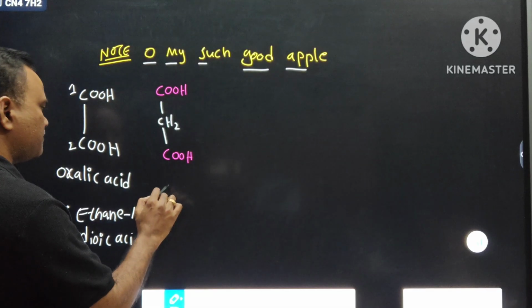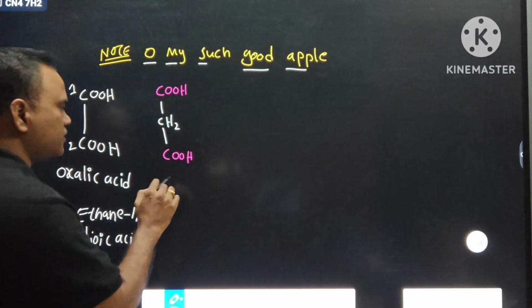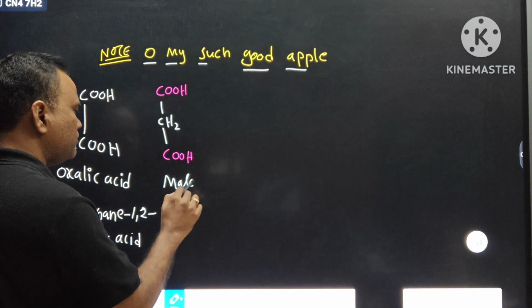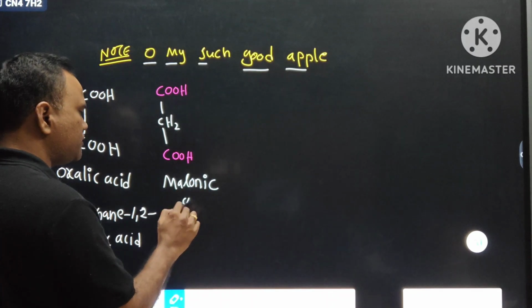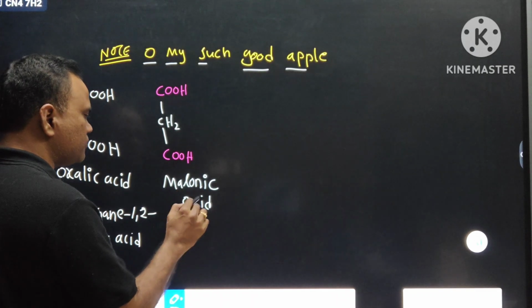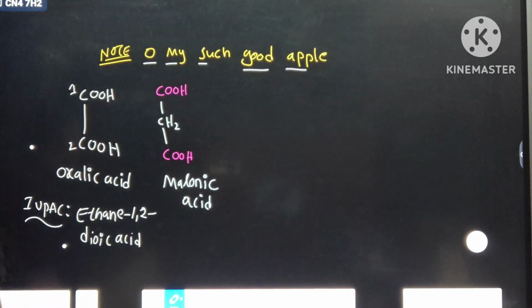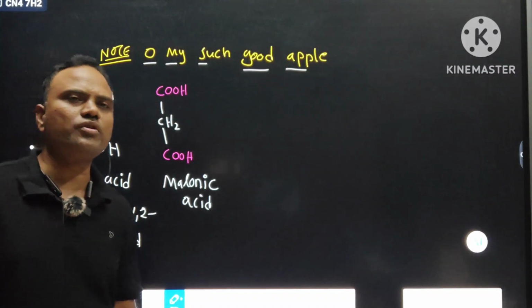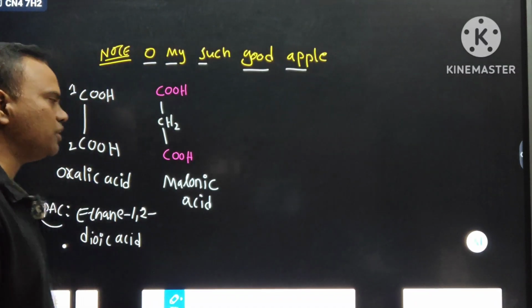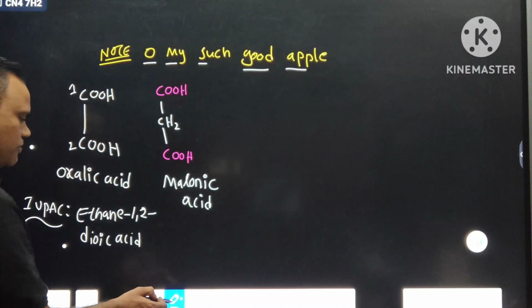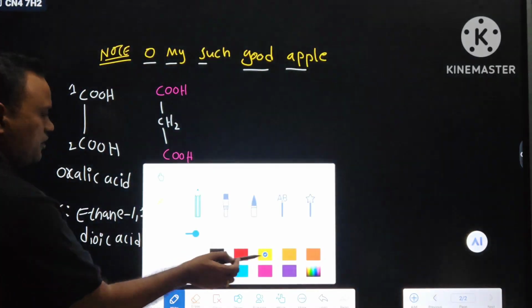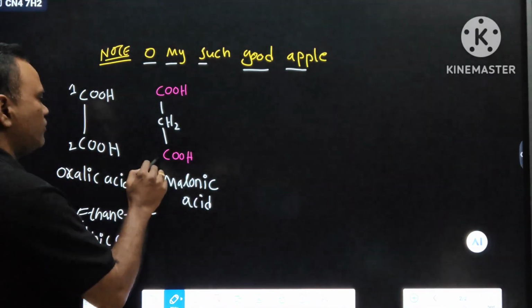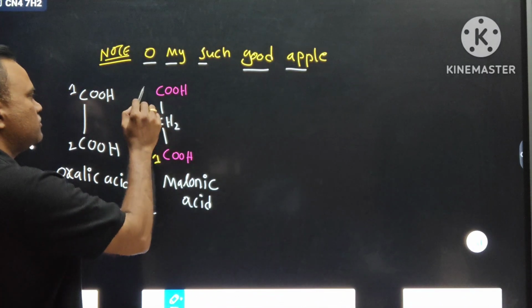Malonic acid. Not malic acid, malonic acid; malic acid and malonic acid are different. M stands for malonic acid. Can you give its IUPAC name? 1, 2, 3.